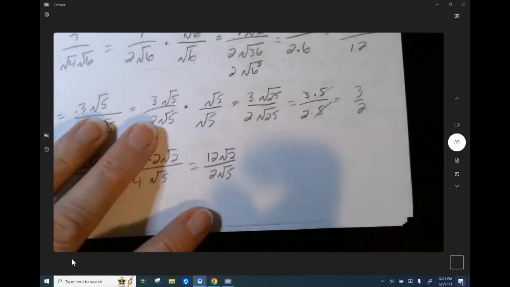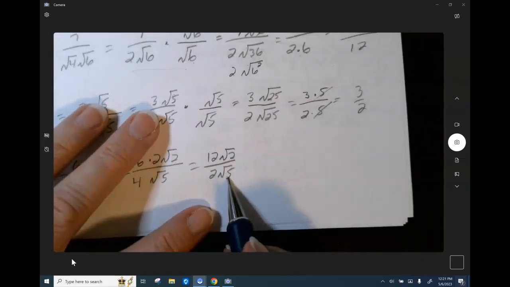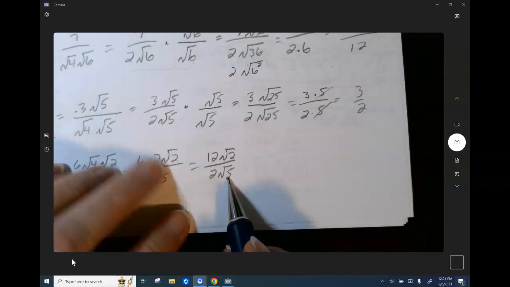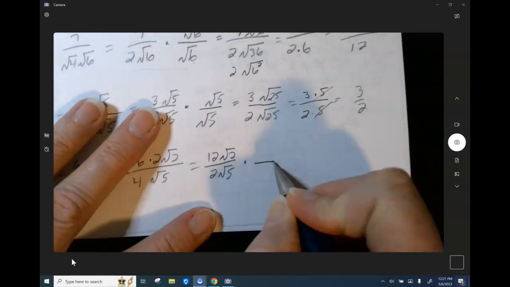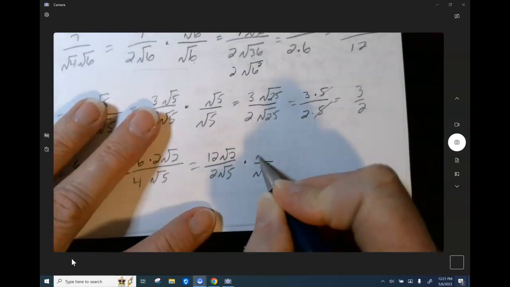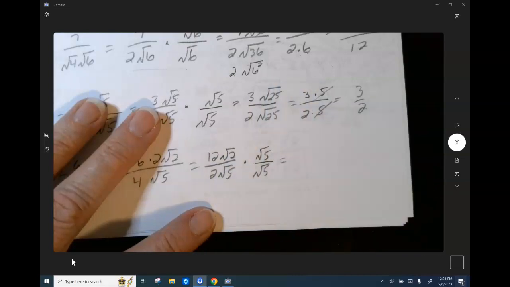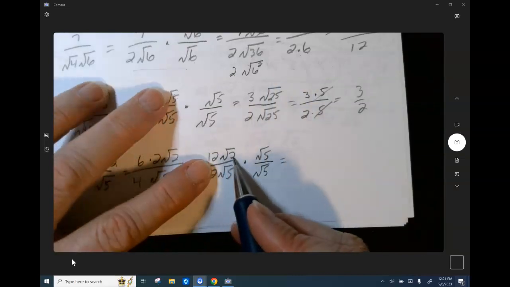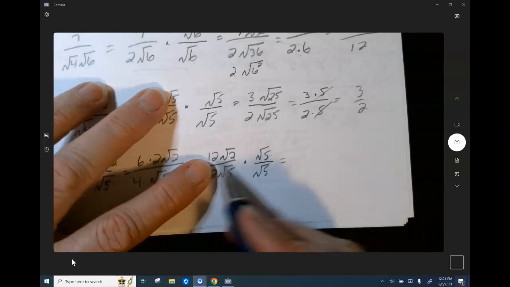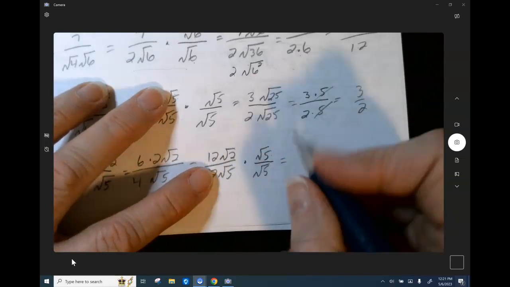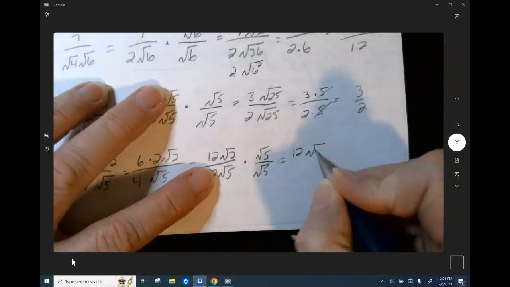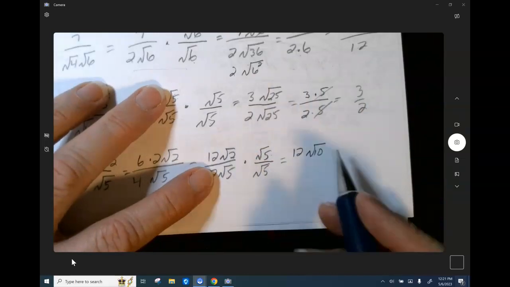Okay? Now, can I leave a radical in the denominator? No, no. So I have to multiply to get rid of it. Again, I'm going to multiply by square root 5. So I have 2 square root 2 times square root 5. 12 has, sorry, that's a 12. 12 has nothing to multiply by, so it just hangs out. Square root 10. 2 times 5 is 10.